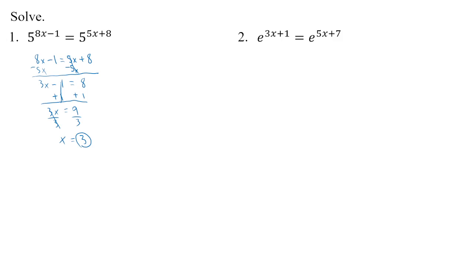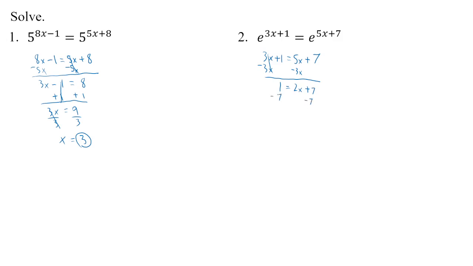Next example, you got e to the 3x plus 1 power equal e to the 5x plus 7 power. That means that 3x plus 1 equals 5x plus 7. So now, all you gotta do is solve the equation. Subtract 3x from both sides, and you will have 1 equal 2x plus 7.